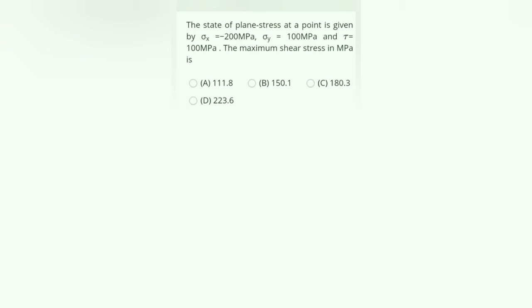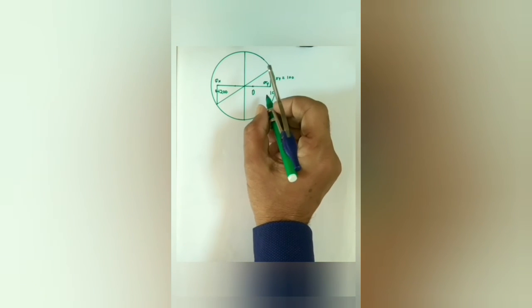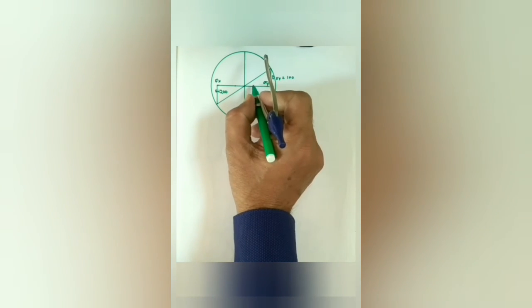The next problem is, the state of plane stress at a point is given by sigma x equal to minus 200 megapascals, sigma y equal to 100 megapascals, and tau equal to 100 megapascals. The maximum shear stress in megapascals is? A circle for the problem can be drawn from the origin.